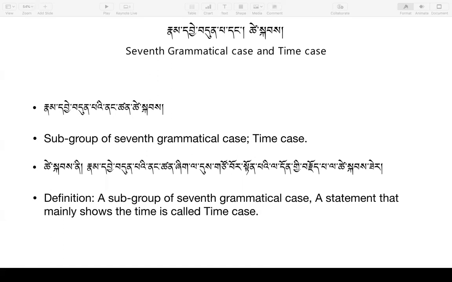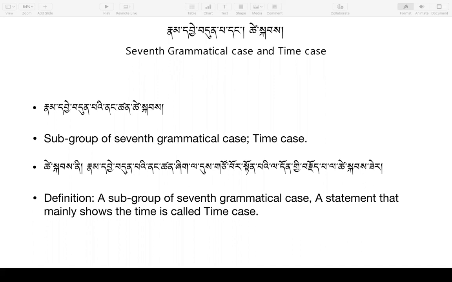Sekap ni Namye Dumbe Nangse Shila. Du Zor Dumbe La Dunki Chubala Sekap Ser. So Sekap ni, which is the time case, is the subgroup of the seventh grammatical case. A statement that mainly shows time is called the time case.